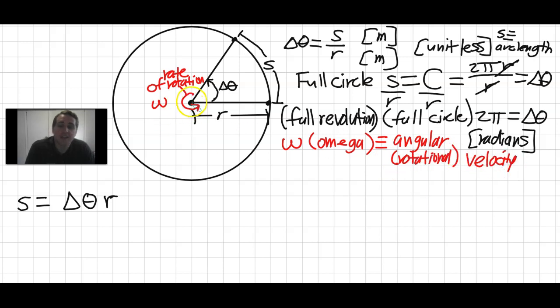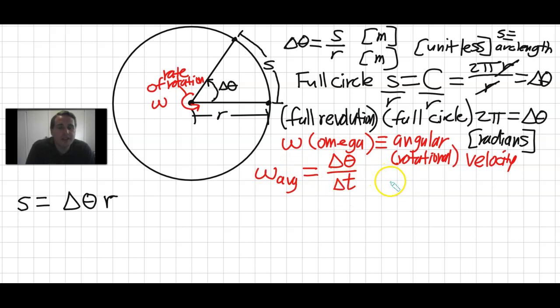That's how fast the object is rotating, maybe as a solid body. This entire turntable, let's say, is rotating as a solid body. So by definition then, omega average should just be the change in theta over the change in time. Okay? So it's the change in the angle over the change in time.